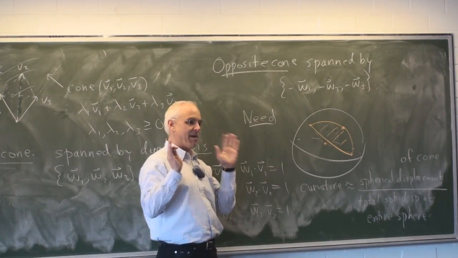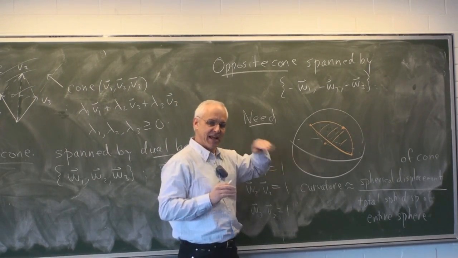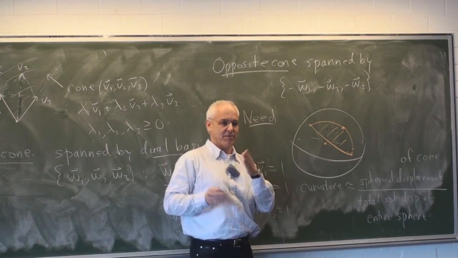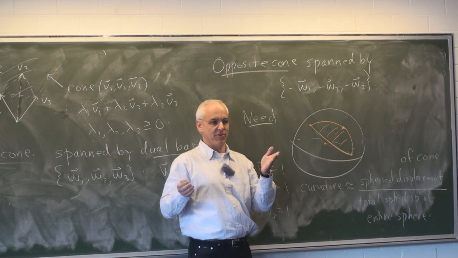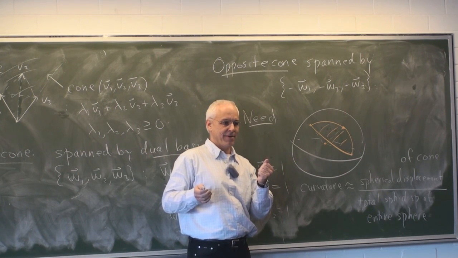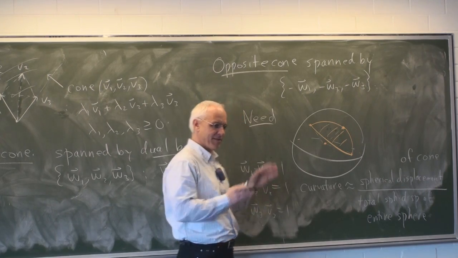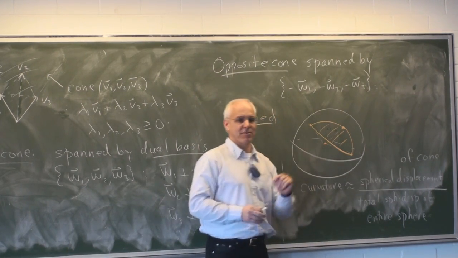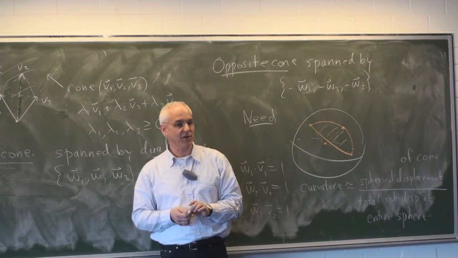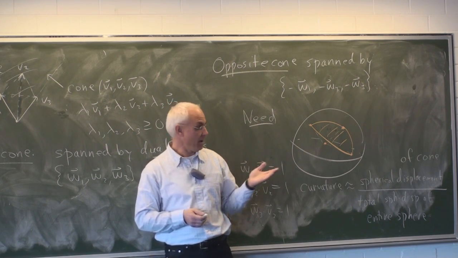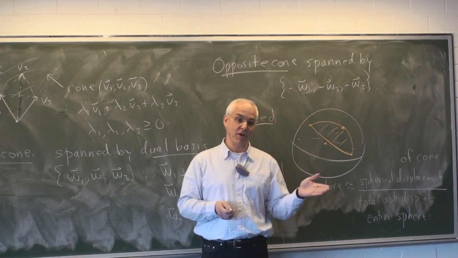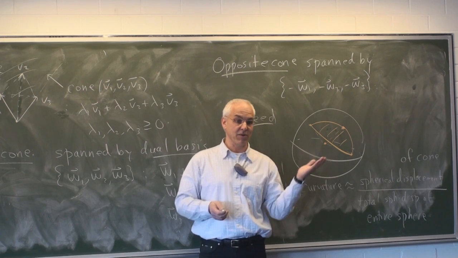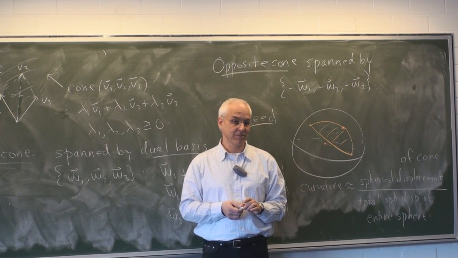I'm going to, in the back of my mind at least, allow ourselves the idea of turning around the sphere twice, or 3 times, or 3.5 times. It's not so clear what that exactly means, but that's roughly why I want to say spherical displacement instead of spherical area. And I also want it to be possibly negative. If we're going in the opposite direction, I want it to be negative what it was previously.